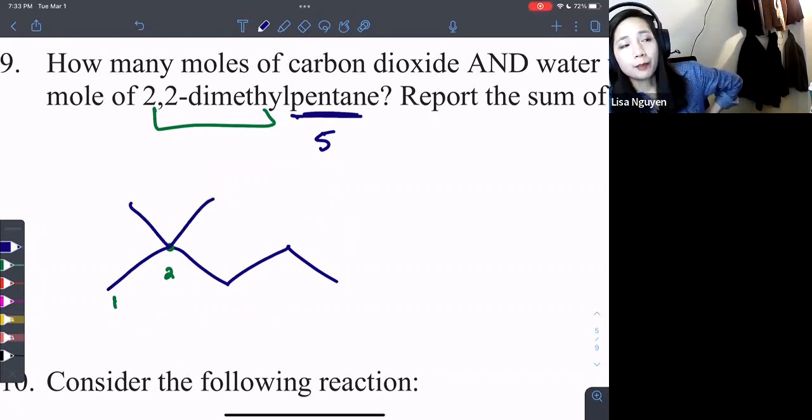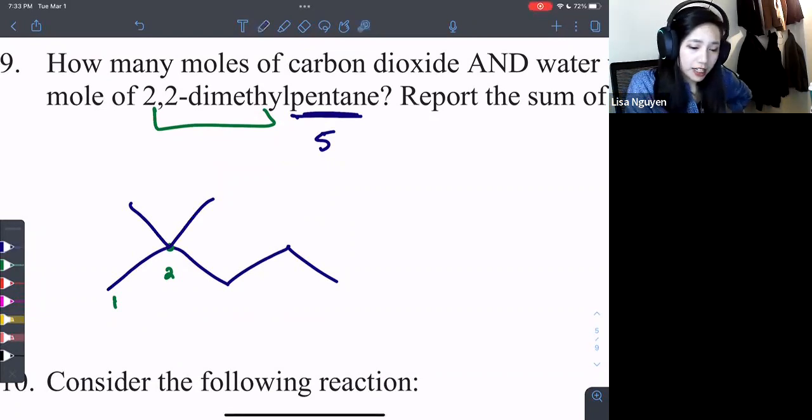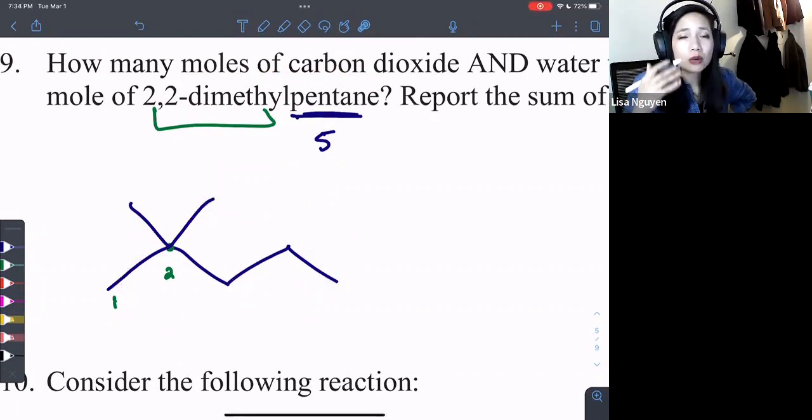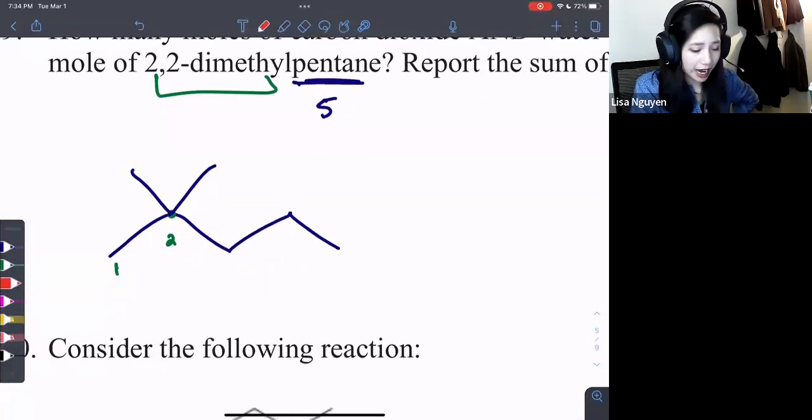But it's not completely apparent. I can't look at this name and know what the chemical formula is, but I can figure out the chemical formula from this structure. So again, we have to use our idea that carbon always makes 4 bonds. We have to go through each carbon individually and ask ourselves how many hydrogens are on it.